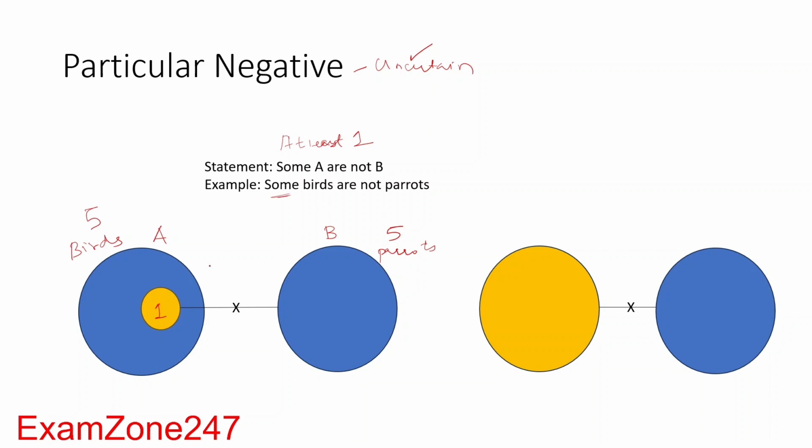So when you don't know, there is a possibility that you can extend this, and when you extend this, it will give rise to a new possibility and a new diagram where you can say that even nothing of A and B is in common. That means no A is B. This is also one of the possibilities which can be derived from this statement.